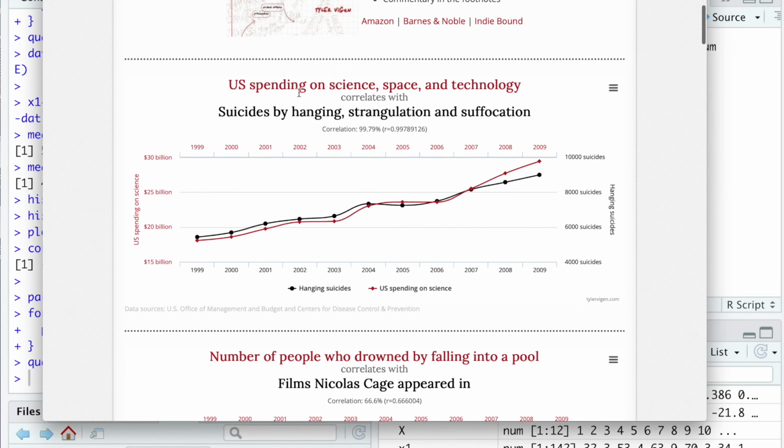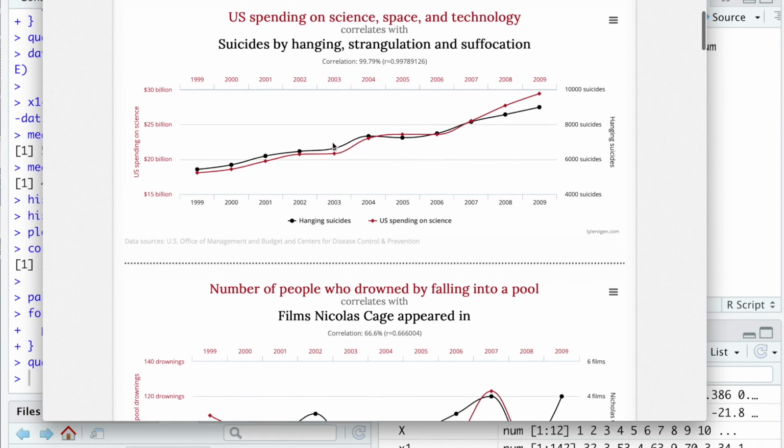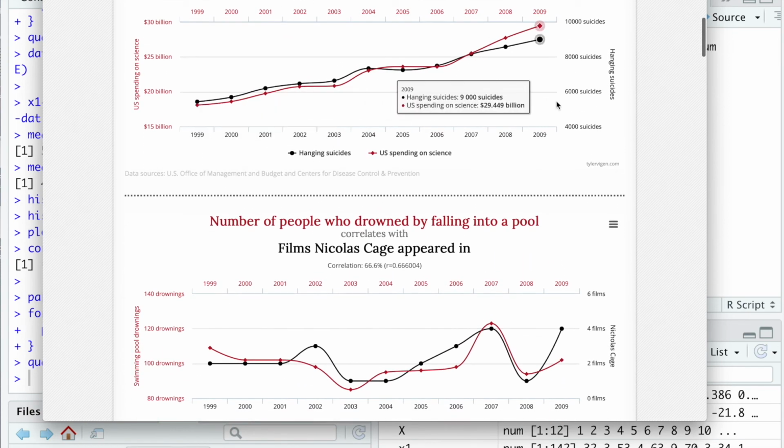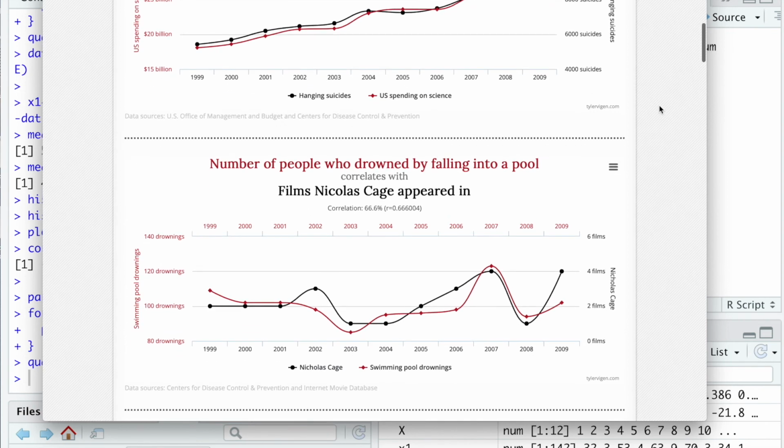So let's see, U.S. spending on science, space, and technology, and suicides by hanging, strangulation, and suffocation. That correlates at 99.79%. So that is a really super high correlation. That's almost a perfect one-to-one correlation, and clearly there's nothing causative between that. Number of people who drowned by falling in a pool correlating with the films that Nicolas Cage has appeared in. That correlation is 0.666.